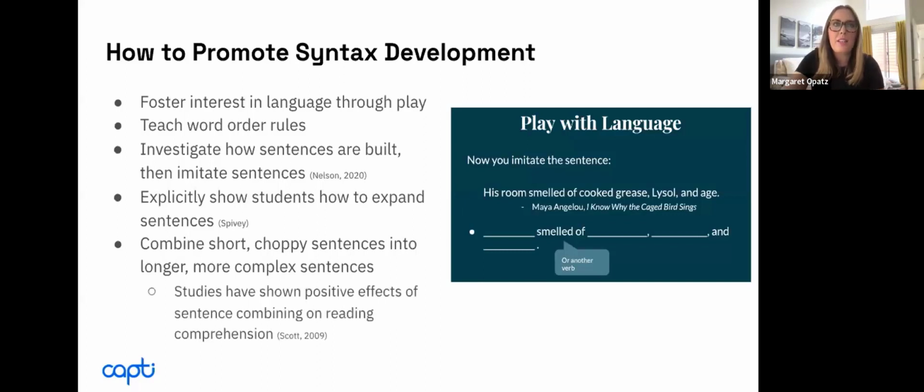And finally, it's important to note that there are studies that suggest that when we show students how to combine or even expand sentences, it actually has a positive effect on reading comprehension, because students are able to see how the phrases within sentences work together to construct meaning across a sentence and then across a text.